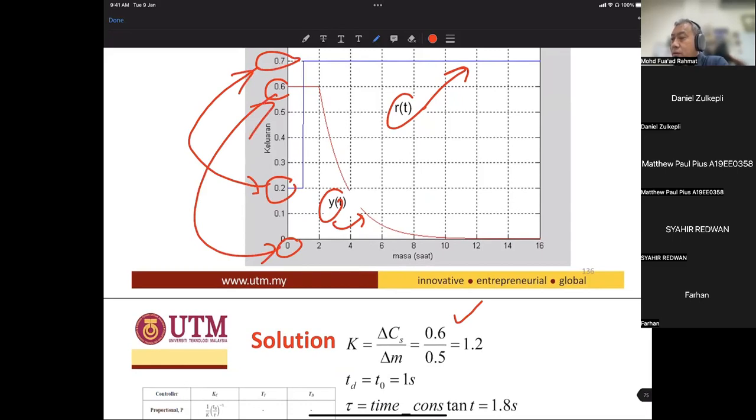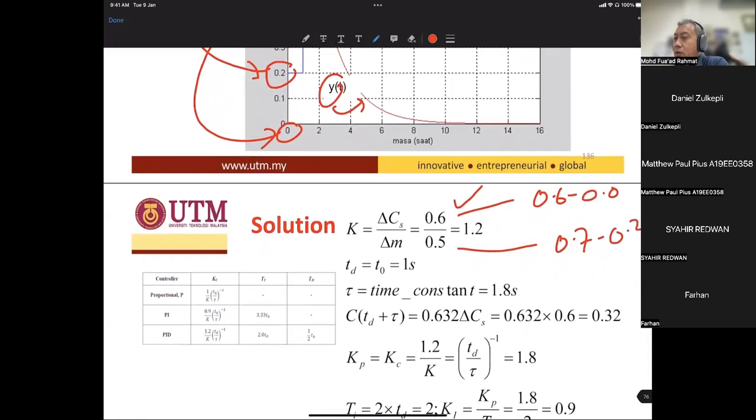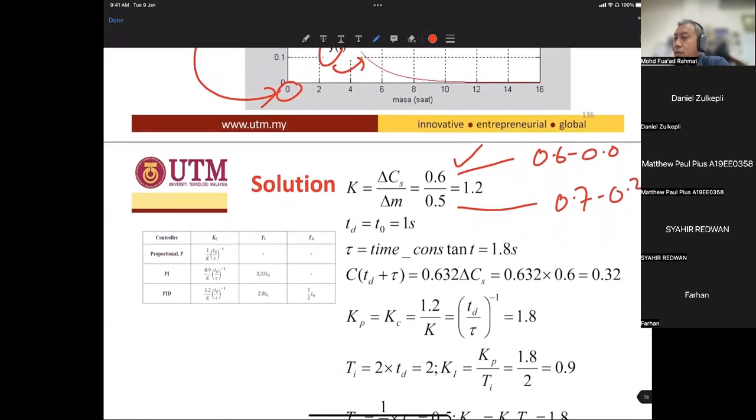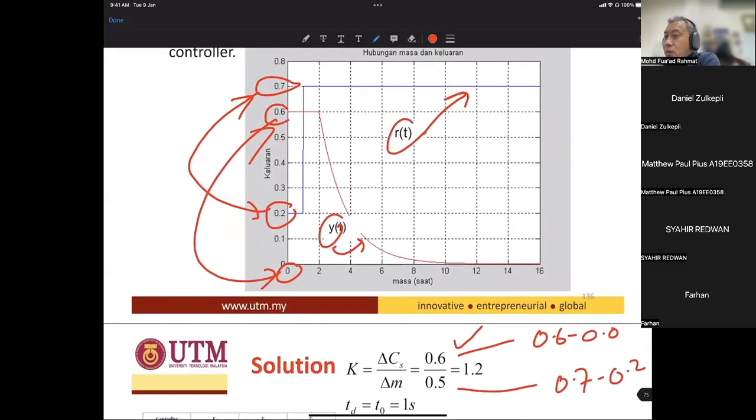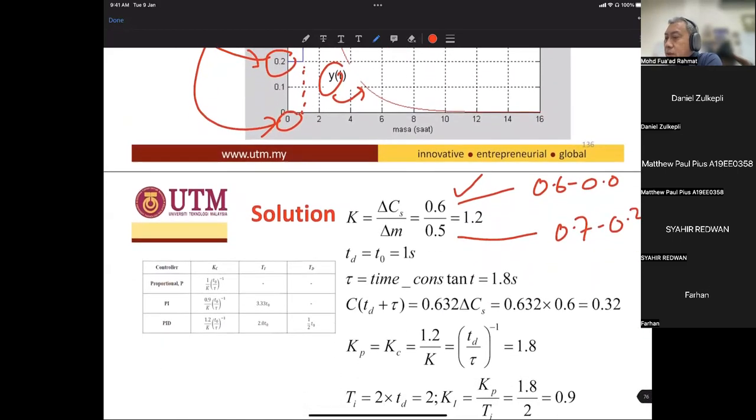So this one is 0.6 minus 0.0, this one is 0.7 minus 0.2. So we get K 1.2, and TD, the time delay, is 1 second, which is over here.